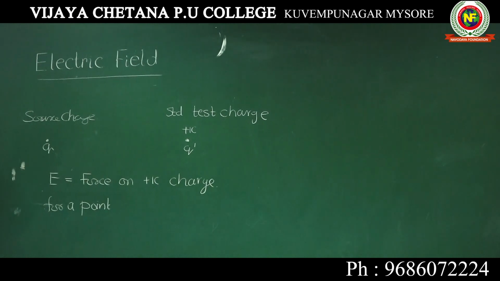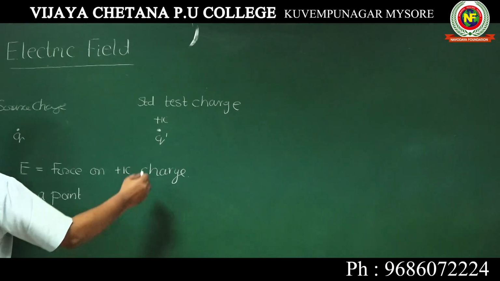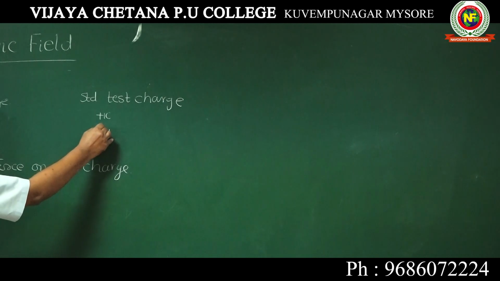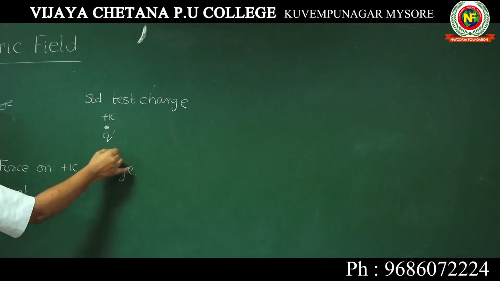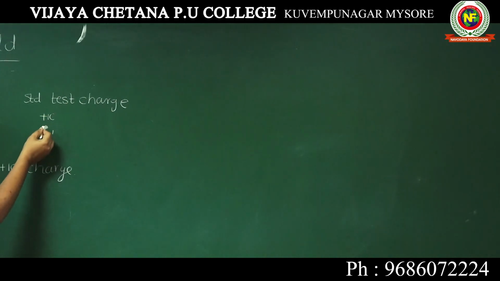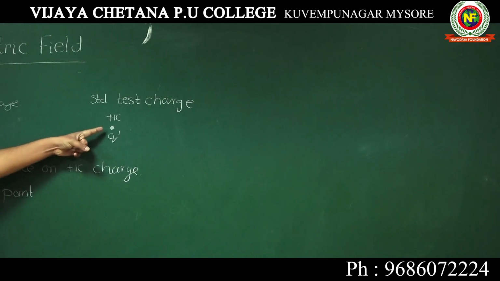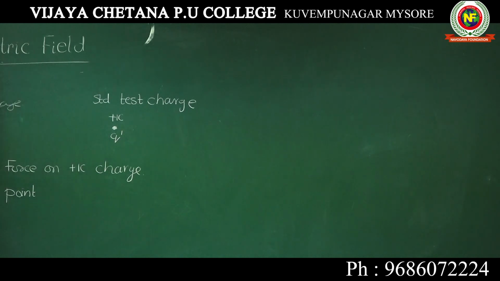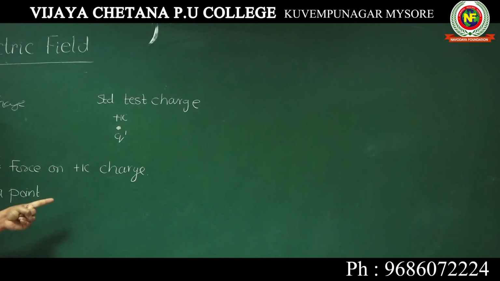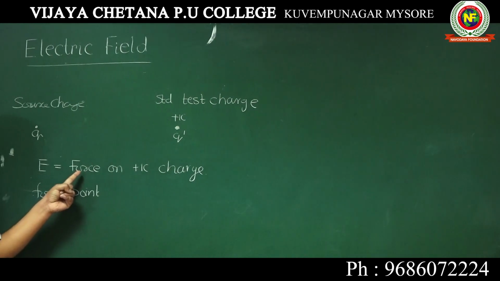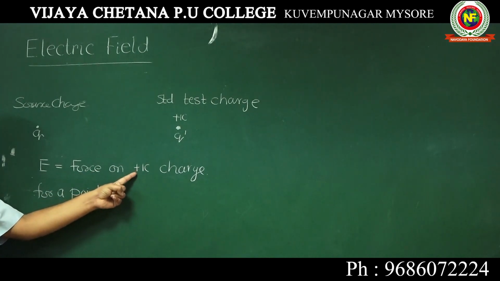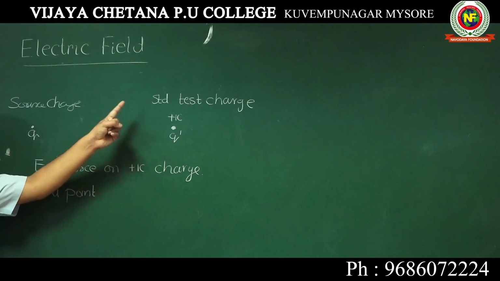Now we will produce a definition. Try to understand. If I want to find the electric intensity here, it is always defined for a particular point. Electric intensity at a point in an electric field is always the force experienced by a unit positive charge kept at that point.